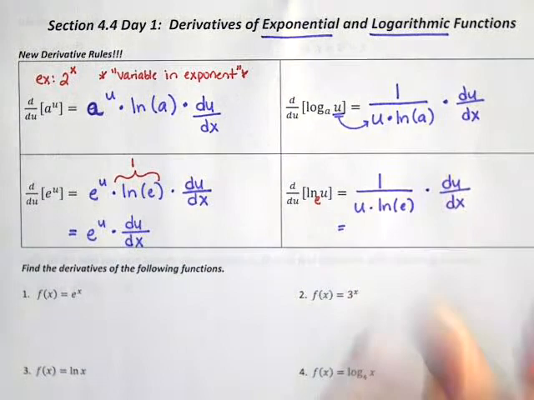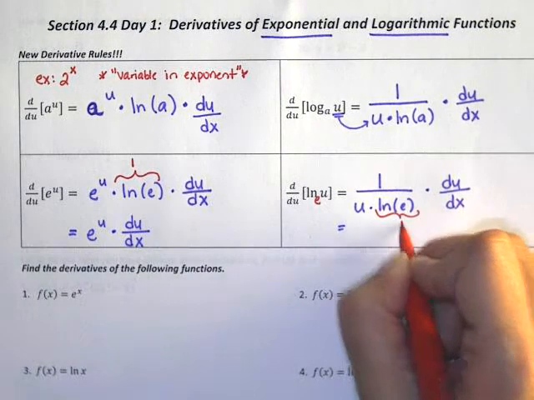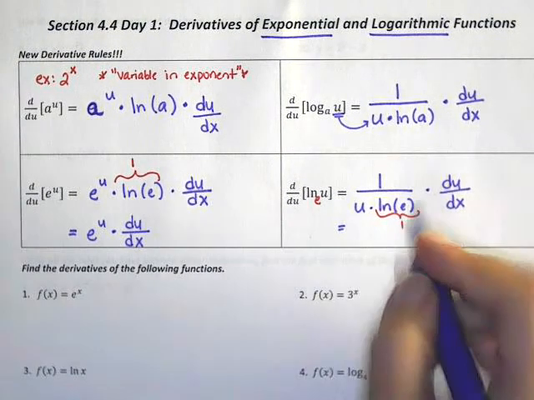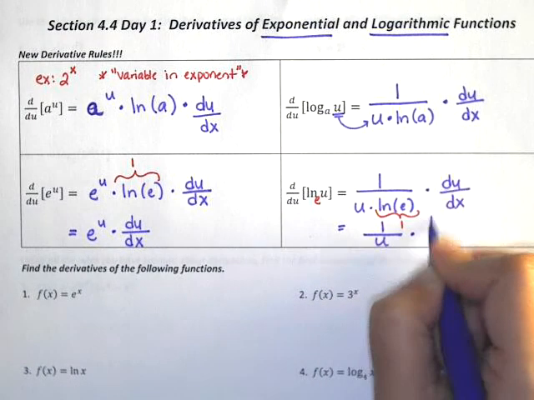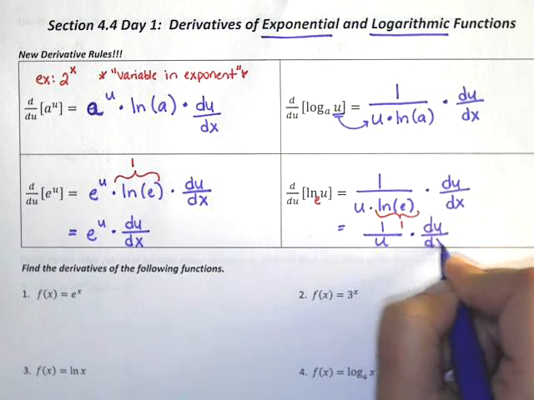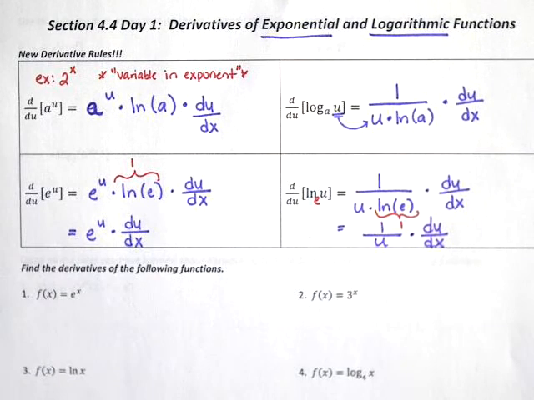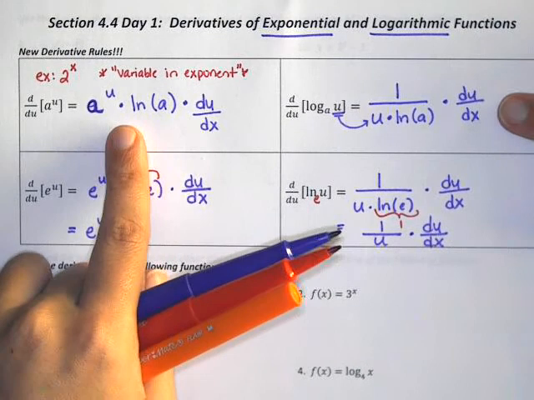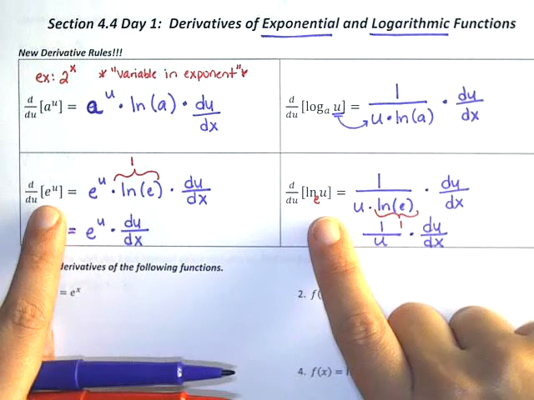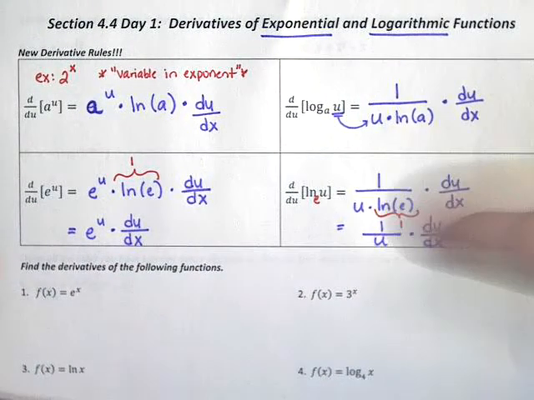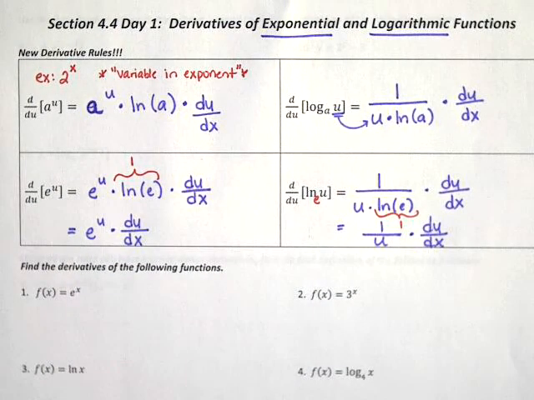Since we just reviewed that the natural log of e is actually just 1, we usually just say that the derivative of natural log is 1 over the stuff times the derivative of the stuff. Here's the basic idea. These rules work all the time. But since base e stuff comes up so often, we have shortcut rules that we memorize just for base e stuff. So let's look at some examples.